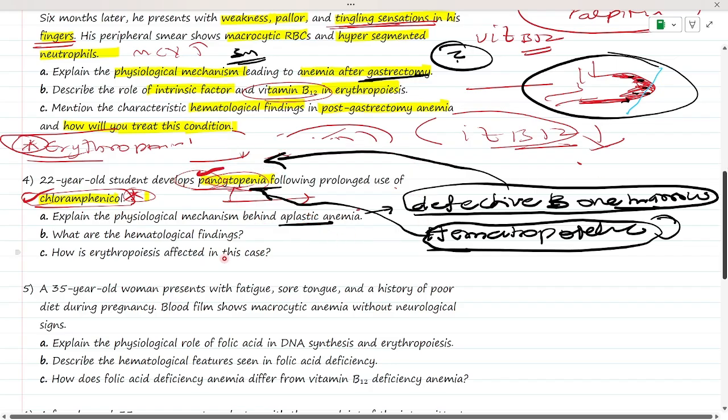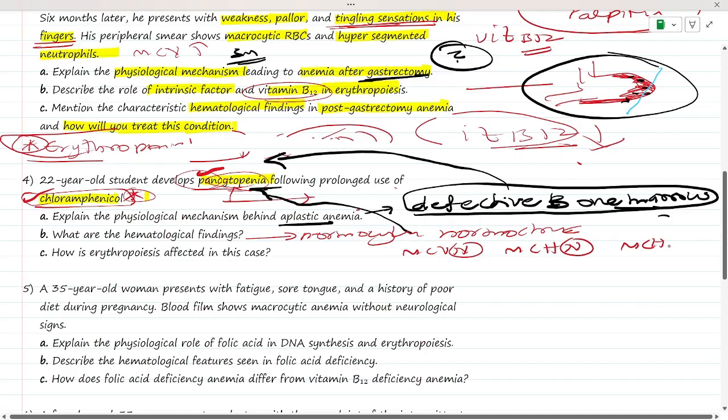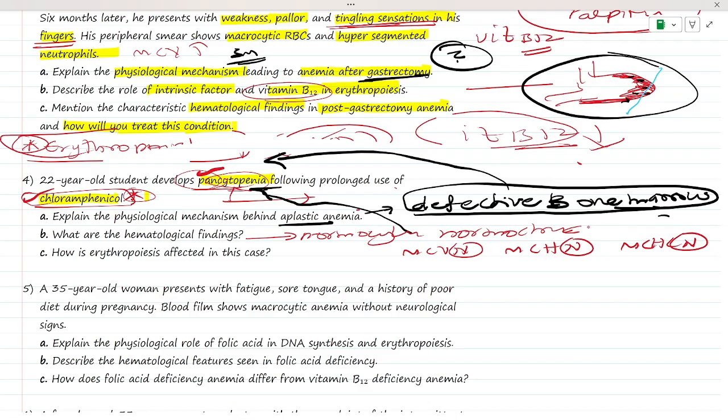Okay, now what are hematological findings? We have discussed in the class of classification of anemia the hematological findings seen in aplastic anemia. I mean, the morphology of RBCs is normocytic and normochromic. So it is nothing but the MCV will be normal, MCH will also be normal, along with MCHC also normal in aplastic anemia.